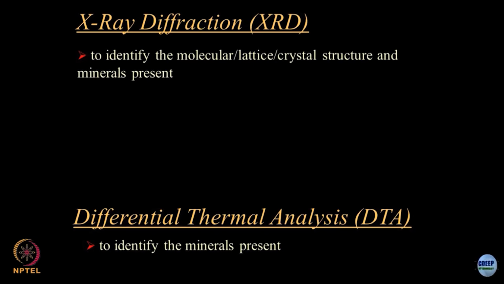Then quantification, software is there nowadays, you are lucky that you just feed the data and you know what is the composition of the soil in terms of the minerals, and then I can give a sort of a prescription how to utilize this. There is something known as the DTA, differential thermal analysis. So, every mineral will have a specific heat and that is the keyword, clear.